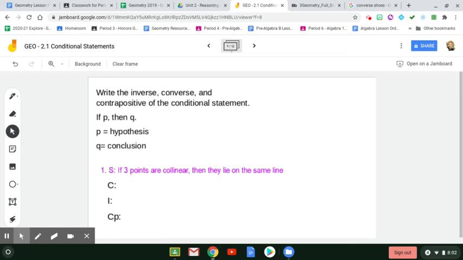All right, so here we go. Here is the statement. If 3 points are collinear, so this would be our hypothesis, so I'm going to put a P above that. Then they lie on the same line. This is our conclusion.